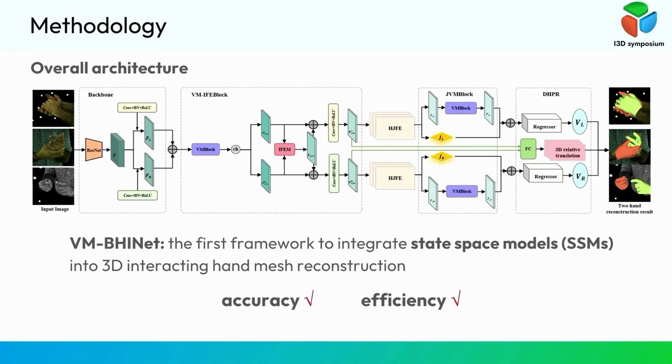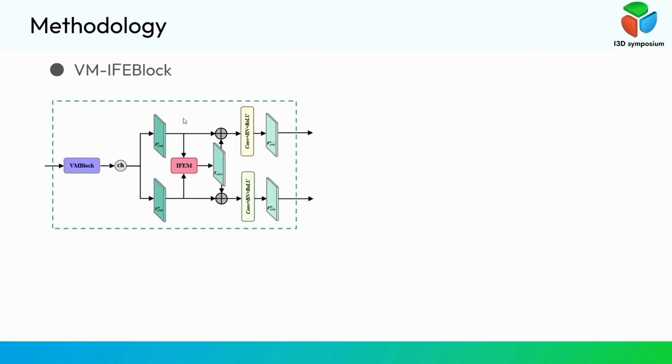As illustrated, VMBHINet is composed of 5 key components: a backbone network for feature extraction, the VMIFE block for enhanced interaction-aware features, the hand-joint feature extractor for capturing the distinctive features of each hand joint, including its position, rotation, and movement, the joint Vision Mamba block for adaptive joint feature refinement, and the dual hand parameter regressor for generating the final hand mesh parameters. Now, let's take a closer look at one of the core components of our framework, the Vision Mamba Interaction Feature Extraction Block, or VMIFE block.